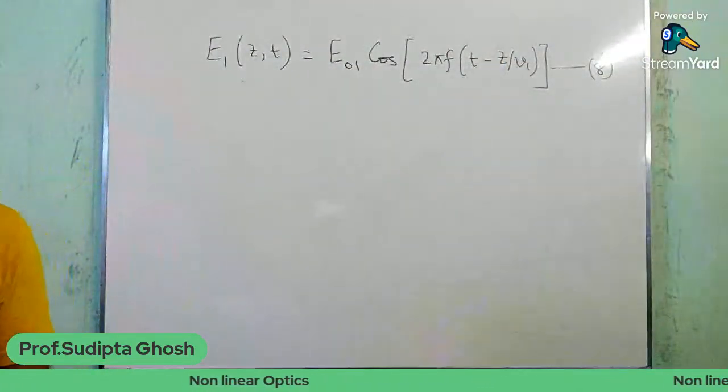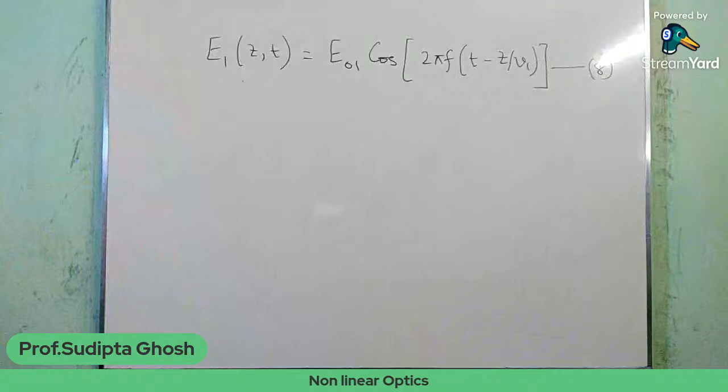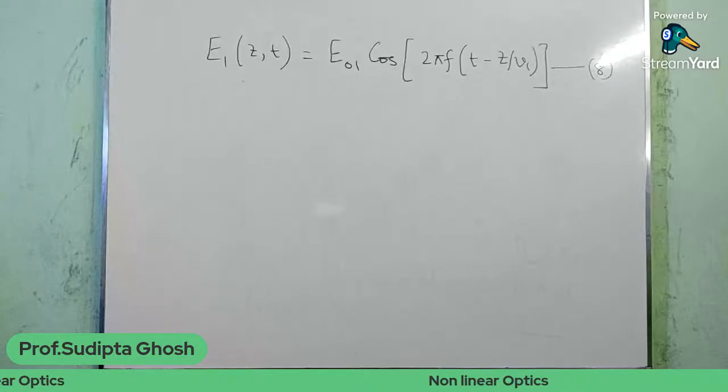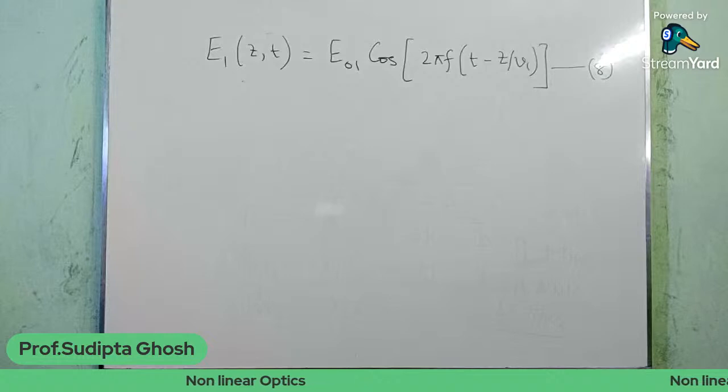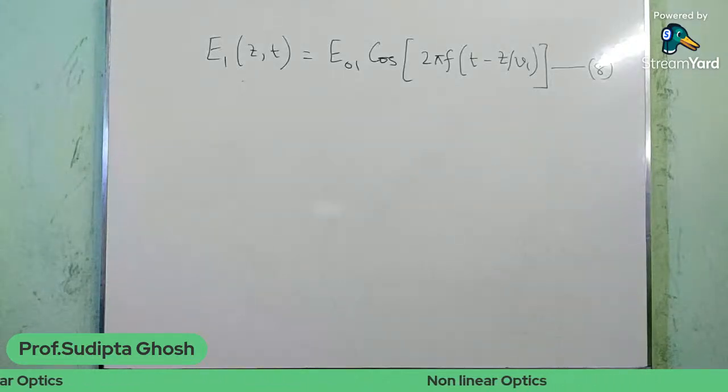So this is a plane polarized monochromatic light wave of frequency f traveling along the z axis with velocity v1 within the nonlinear material. Here E01 is the amplitude of the wave.